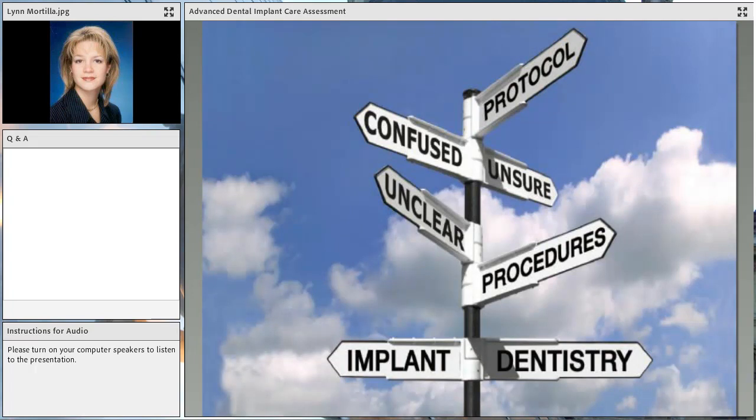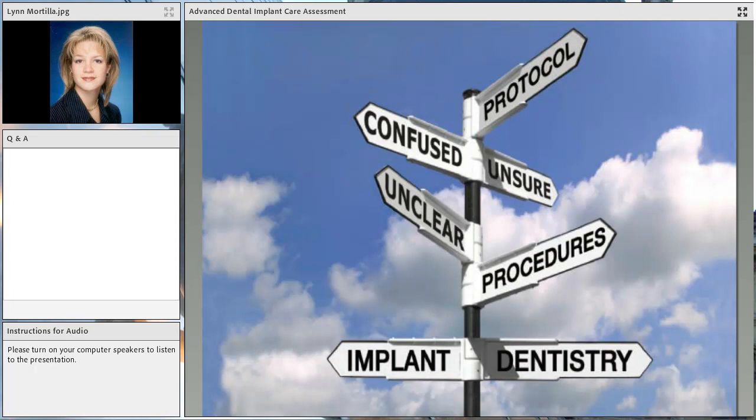I've been with the ICOI and the ADIA. This is my 20th year. What I learned 20 years ago when I started is still applicable today. Many people are confused and unsure about the protocols with implant dentistry. They continue to change based on research in this field. There is an explosion of research on implant dentistry right now, and I don't see it slowing down anytime in the future.